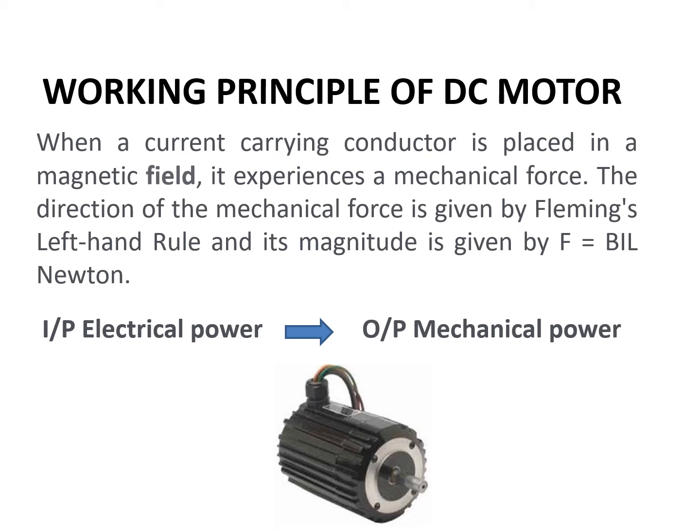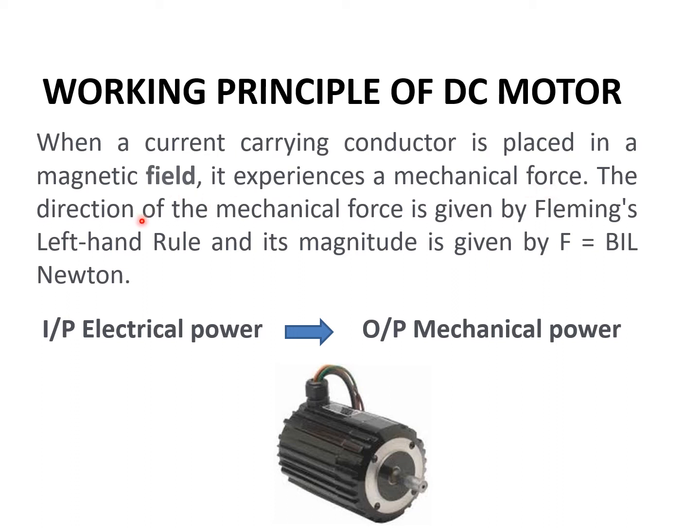So, the working principle of a DC machine. This is the DC machine. You know the DC motor converts input electrical power into output mechanical power. When a current carrying conductor is placed in a magnetic field, it experiences a mechanical force.